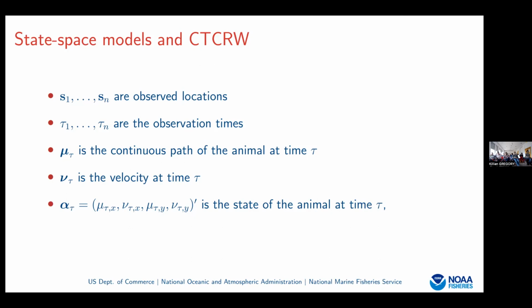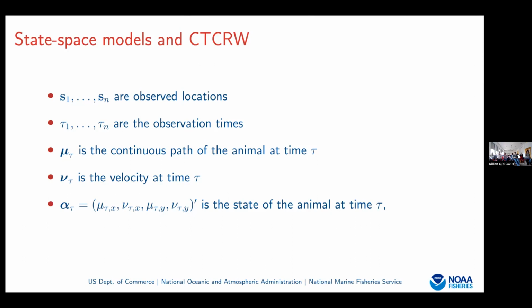The thing with correlated random walks is you're basically modeling the velocity. Mevin had a slide where he showed that mu at time t is the integral of that velocity process. So think about a continuous process of velocity where the animal's movement is represented by very short steps in time. For me to get to the other side of the room, it's the sum of all those little steps.